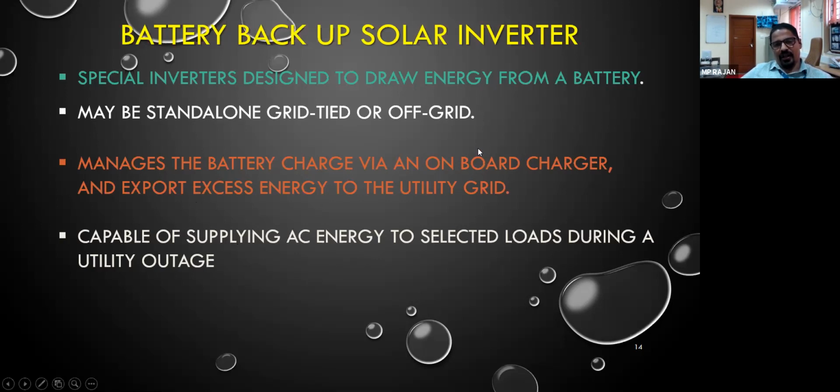The inverter should ensure that no supply goes from the solar panel to the grid. So it cuts off the complete supply going from the solar panel to the grid, but at the same time, it is energizing some of your AC loads by taking supply from the battery. So this is a very special type of inverter we can see.